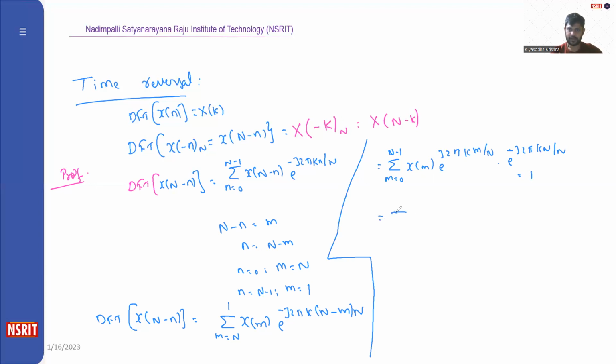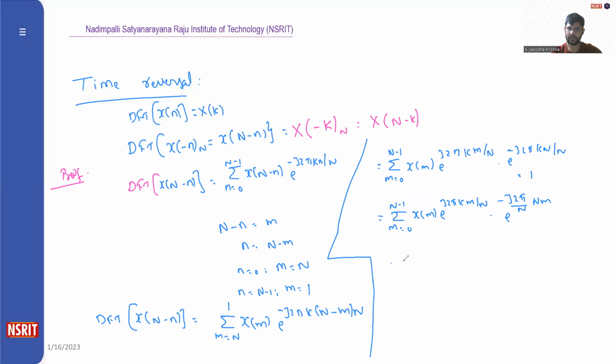Now I can write it as the summation m equal to 0 to N minus 1 of x of m e to the power of j 2 pi k m by N. Now I replace it and write it as e to the power of j 2 pi by N, replacing k with m. Of course, any such term will be equal to 1.